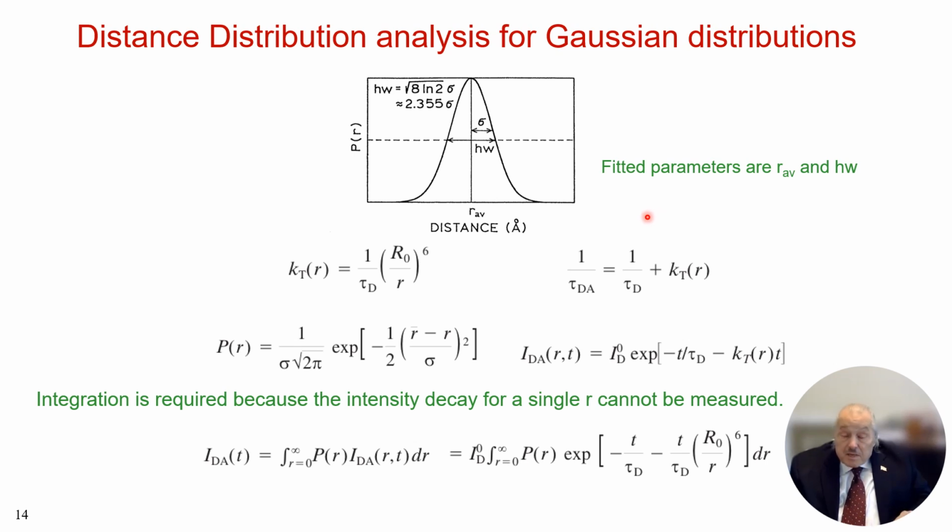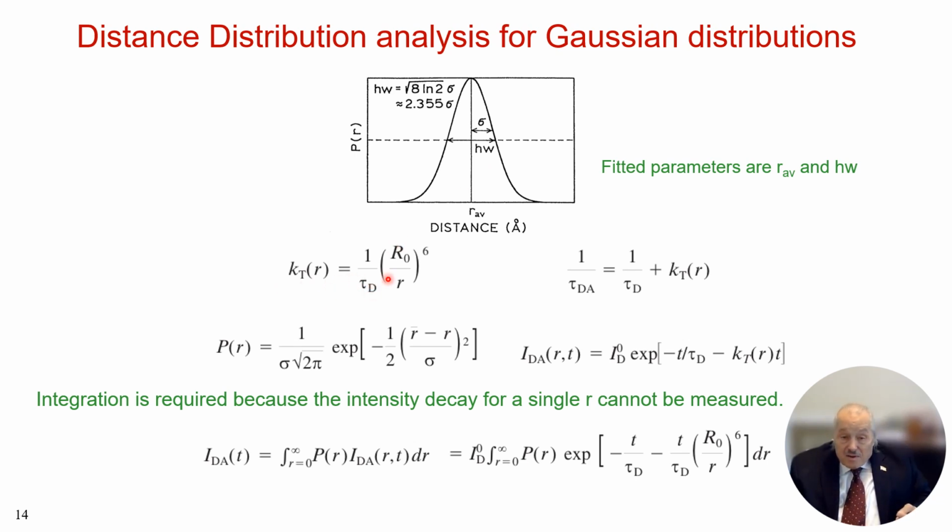In principle, you don't have to assume a model, but then the number of parameters is so big, like if you have a 10 angstrom spread, and you have all of these small increments, you wouldn't be able to resolve each of them. So we always assume some shape.